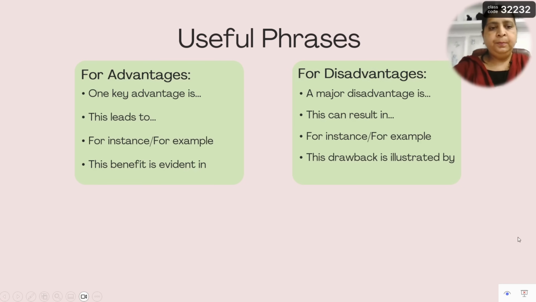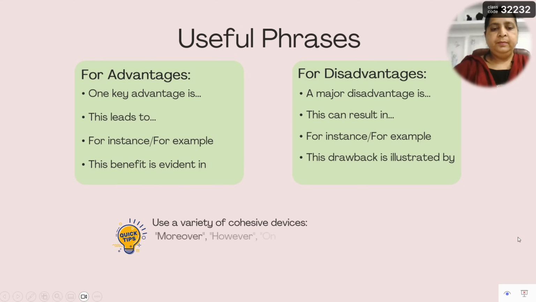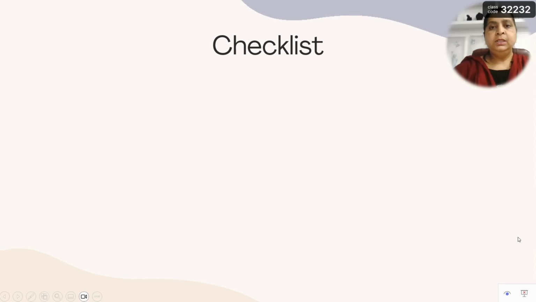And the final summary you can start with this benefit is evident in, this drawback is illustrated by. And again, a quick tip, use a variety of cohesive devices: and, moreover, however, on the other hand.